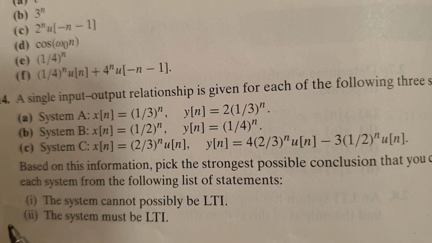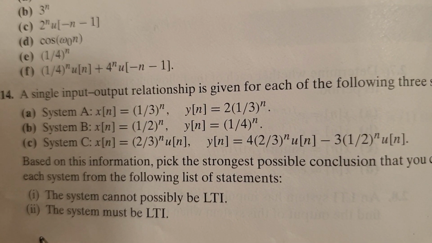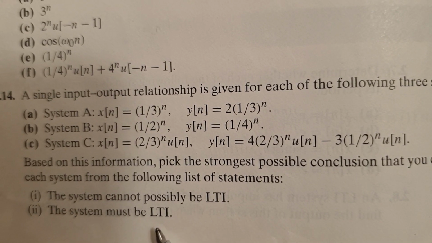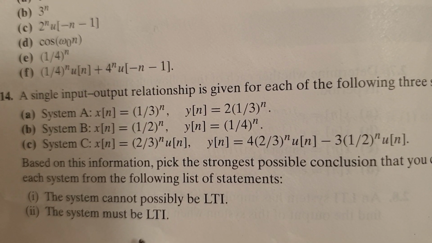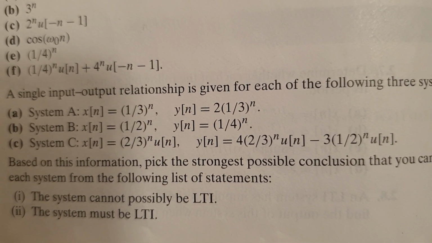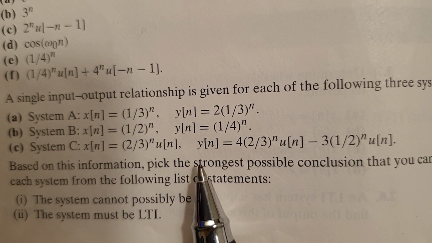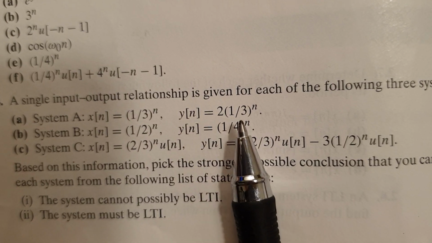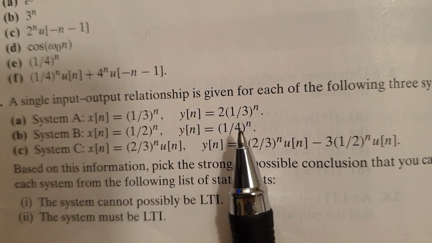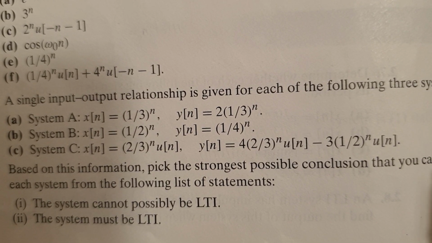The first one says the system cannot possibly be linear and time invariant. The second one says the system must be linear and time invariant. In this case, you'd be very sure that it's linear and time invariant. Remember that this idea of a scaled version of the input-output relationship is a consequence of the convolution, which emerges from the assumption of linearity and time invariance.